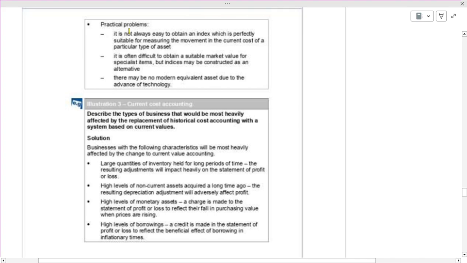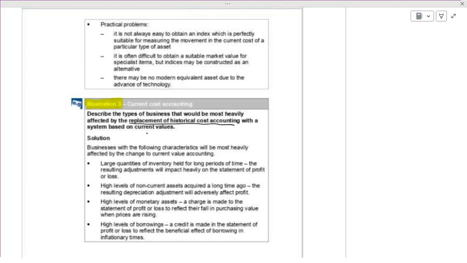What are the practical problems? Illustration. Because this is an example, I will just go through it. Describe the types of business that were most heavily affected by the replacement of historical cost accounting with a system based on current cost. Businesses with the following characteristics will be most heavily affected.